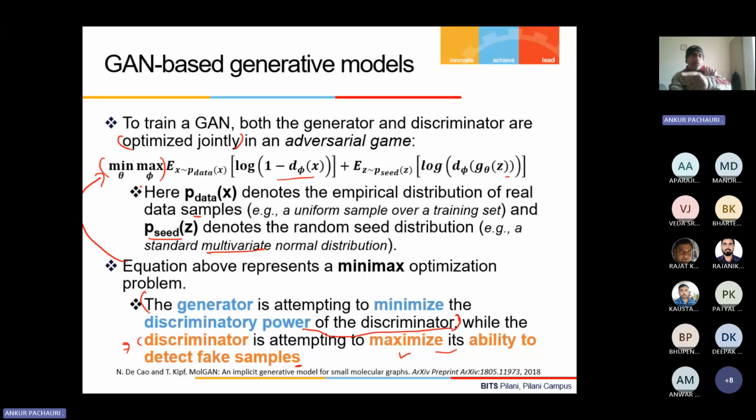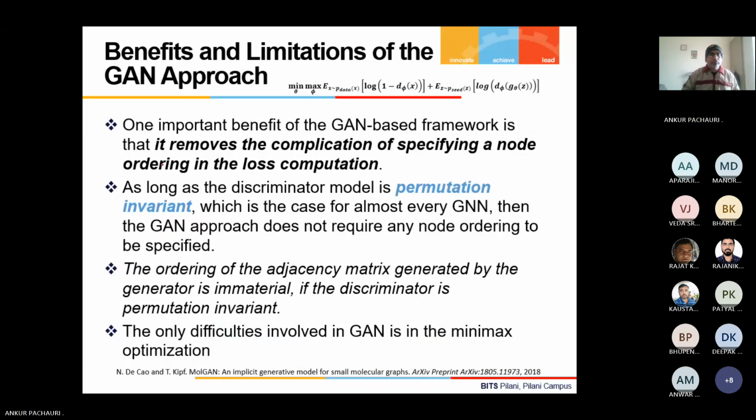Same like encoder and decoder also. One important benefit of a GAN based framework is that it removes the complications of specifying a node ordering in loss computations. As long as the discriminator model is permutation invariant, which is the case for almost every GNN, then the approach does not require any node ordering to be specified.